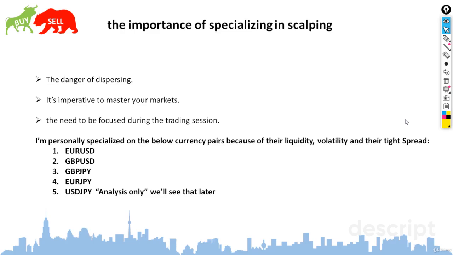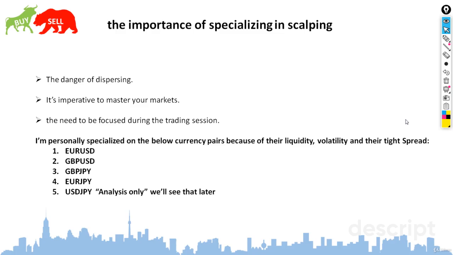When you choose a certain number of currency pairs, like me, I'm just analyzing 5 currency pairs, you will master those markets, so it's easy for you to understand them when you trade or when you have to stay away and wait.